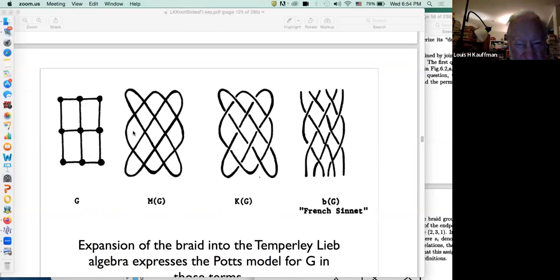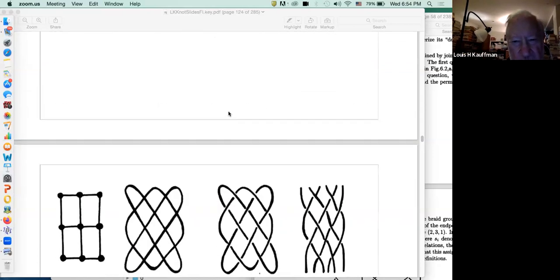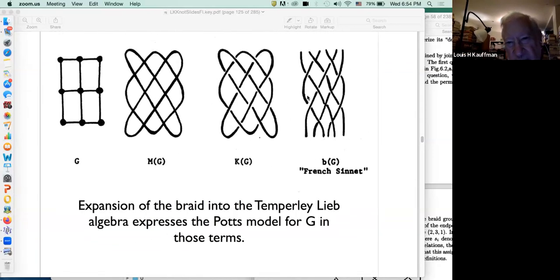You can see the graph right in there. And putting crossings on it in a standard way so that we can do this result that we were just talking about. So if you put the crossings in this standard way on this, then the bracket evaluation with the right coefficients of this K of G is the same as the Potts model partition function for G.